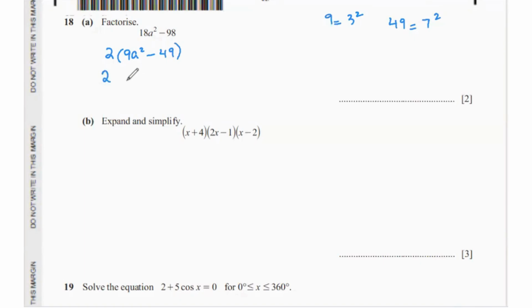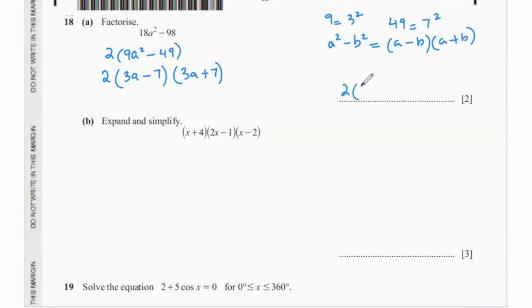So that means we can rewrite this as 3a minus 7 times 3a plus 7. Why? Because difference of perfect squares says that a squared minus b squared is the same as a minus b times a plus b. Hence, 9a squared minus 49 is the same as 3a minus 7 times 3a plus 7. So this is your fully factorized answer.